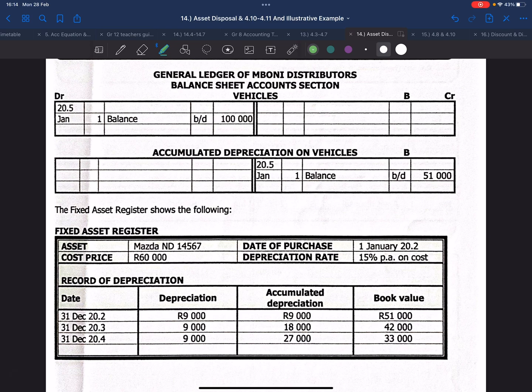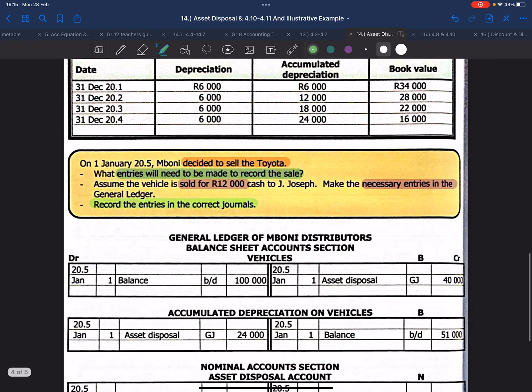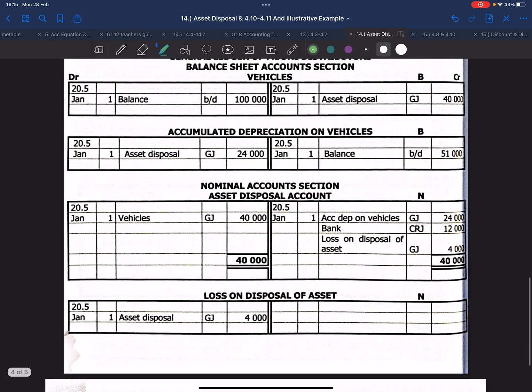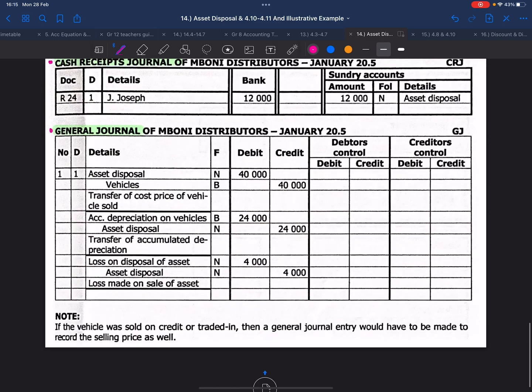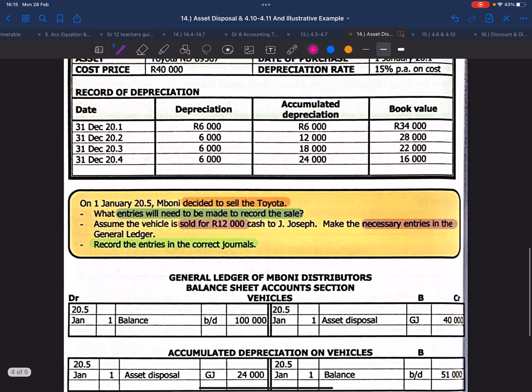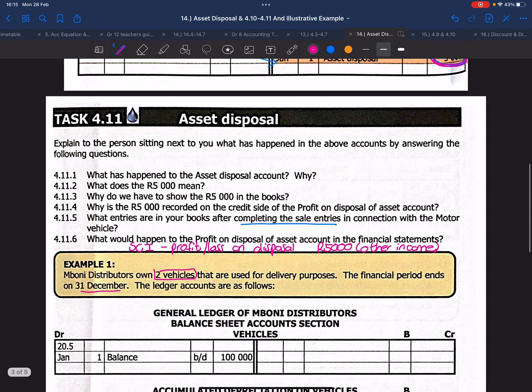You've got your general ledger, you've got your fixed asset register showing the value of your vehicles. Then you've got the sale, and it's showing that in your disposal account, and it's even showing the journals that are affected by each transaction. So you can get a full picture of what happens when a vehicle is disposed of. So please work through this example so that you can get an understanding.